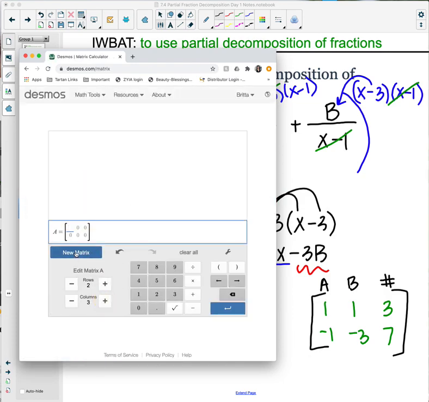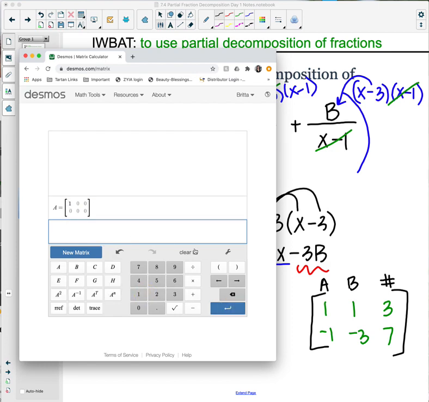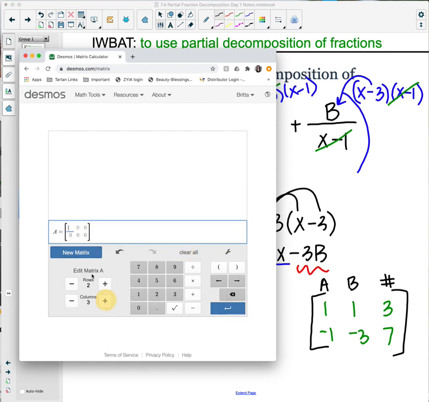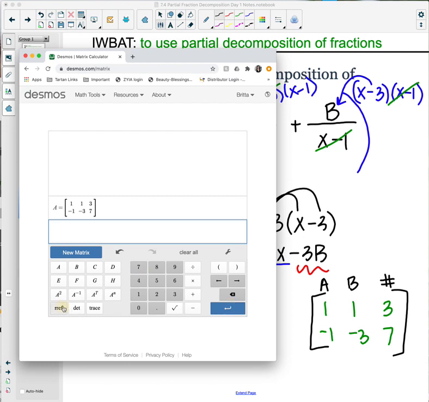So you have a 2 by 3 and you have 1, 1, 3, and then negative 1, negative 3, 7. And then do RREF of matrix A, and this will solve it. Okay, so this will solve it.